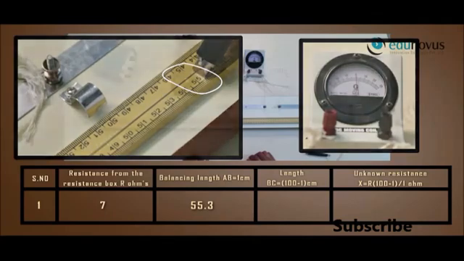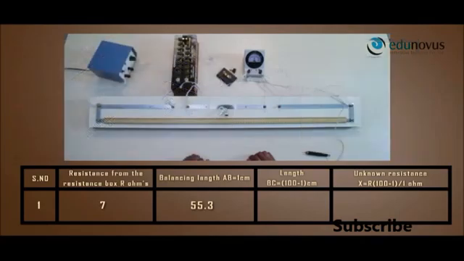Therefore, length BC is equal to 100 minus L centimeters, which is 100 minus 55.3 centimeters. Therefore, balancing length BC is equal to 44.7 centimeters. Unknown resistance X is equal to 7 into 44.6 divided by 55.3, which is 5.64 ohms.